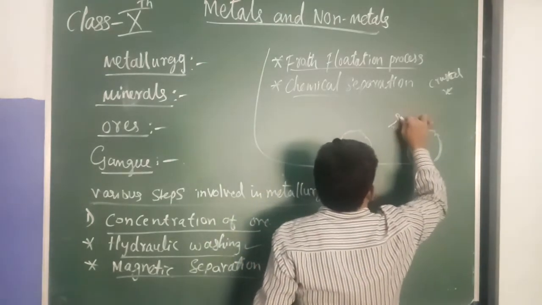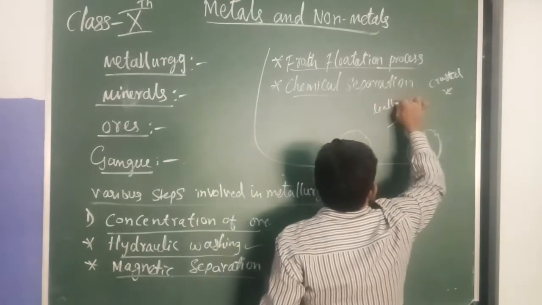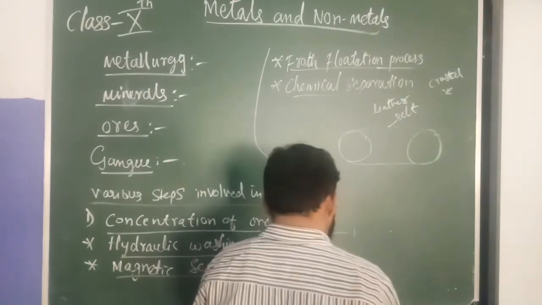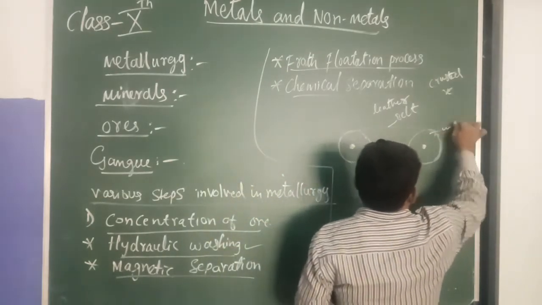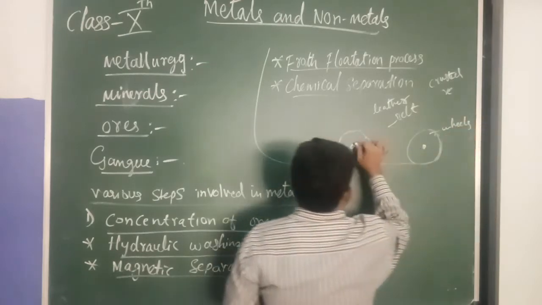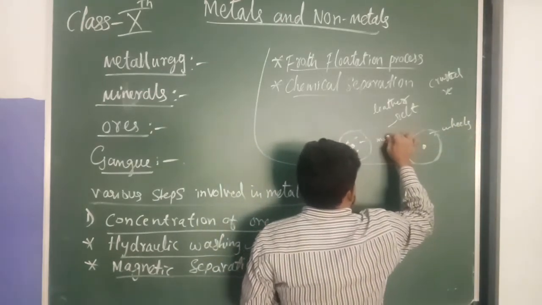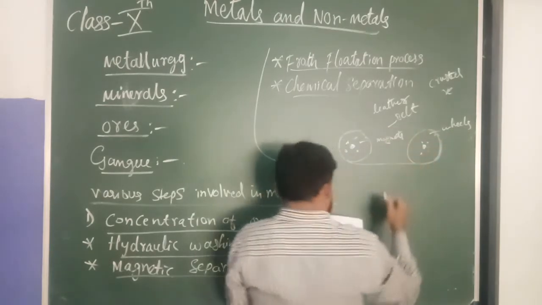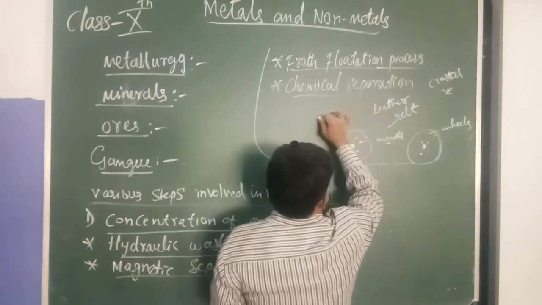This is the belt, a leather belt, and it is connected to that coil. These are the wheels, and here these are the magnets, and we will take powdered ore from that funnel.